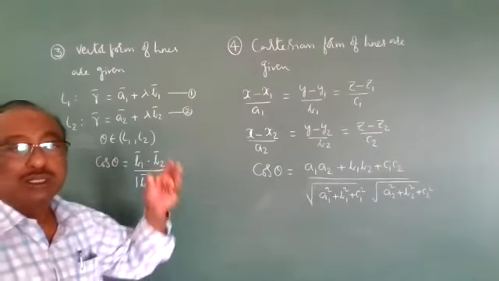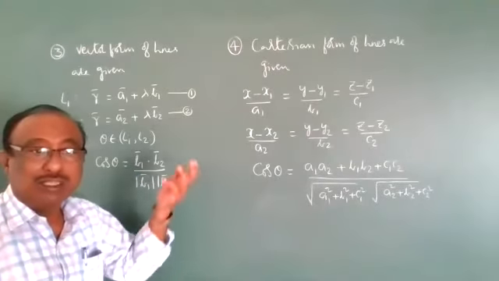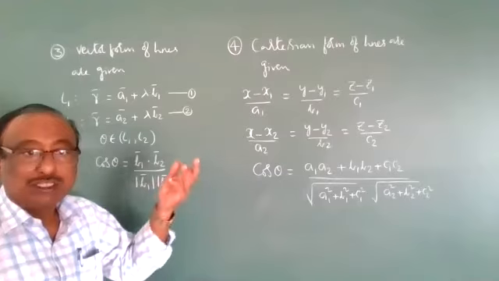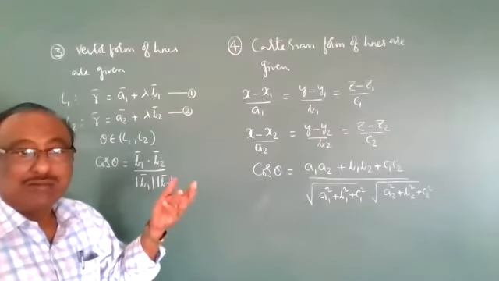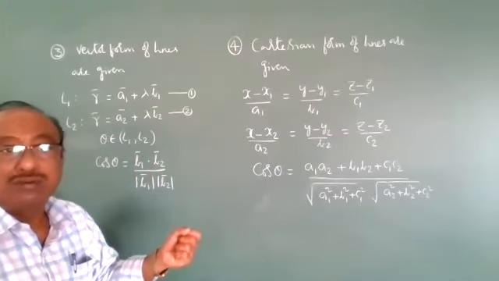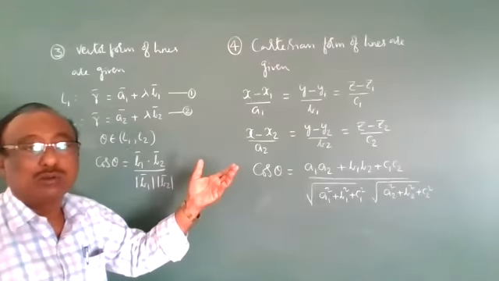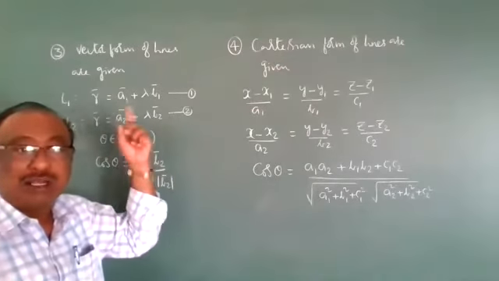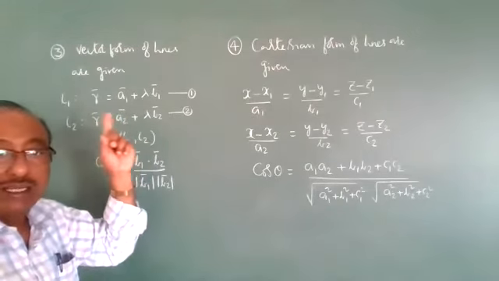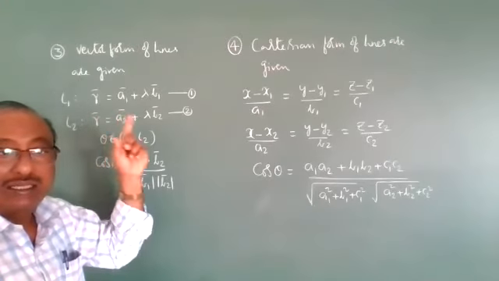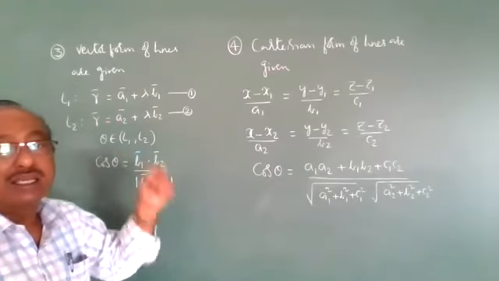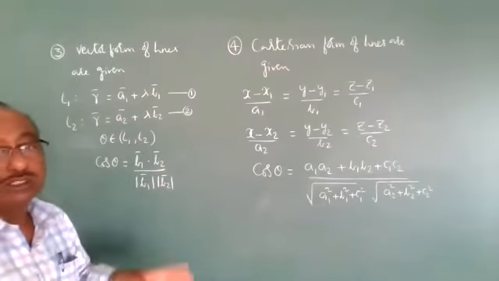In 2D, the angle is found between the slopes: m1 minus m2 by 1 plus m1 into m2. Slope is taken for finding the angle because slope is tan theta. In the same way here we take DRs. In 3D the DRs are the most important.